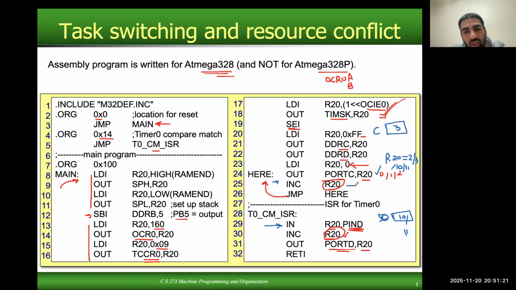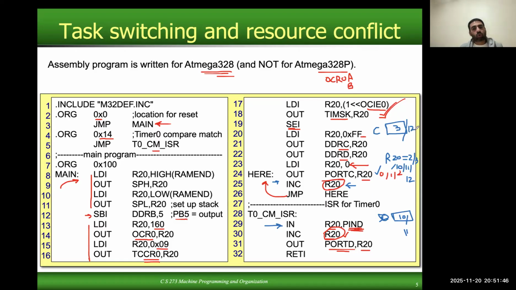So the next instruction that will be executed is this one, where you are saying increment R20. What is R20? It is 11. So after incrementing, it will become 12. And then you jump here, and the next instruction displays R20 on port C. So on port C, you will see 12. So after 3, you are not seeing 4, you are seeing 12.